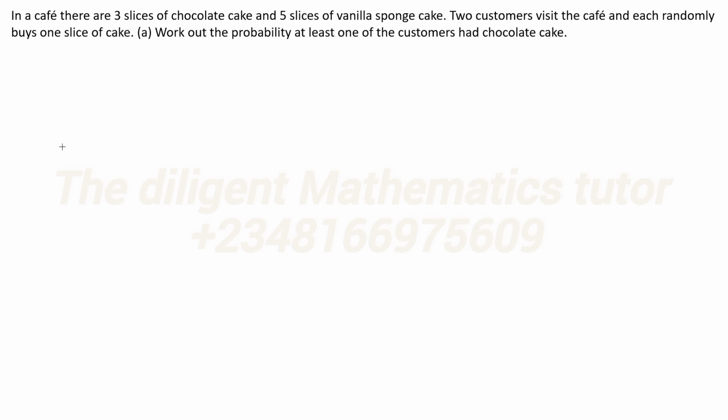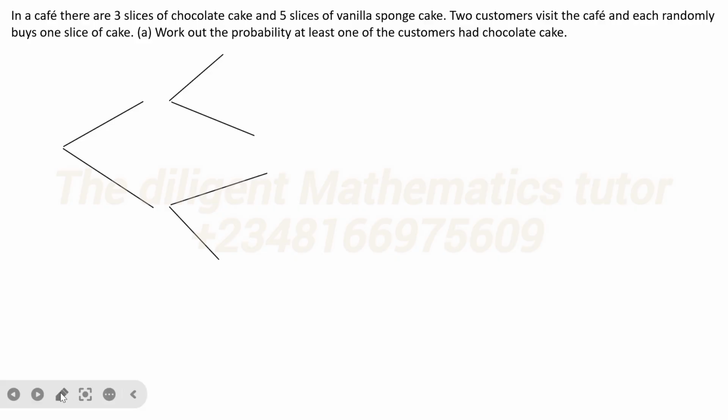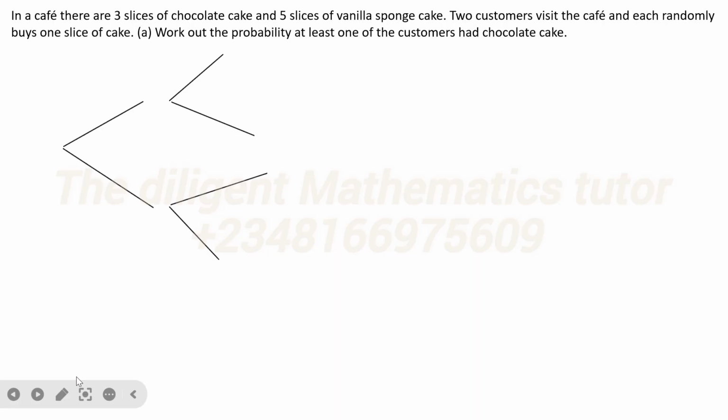So we have the first one. And the second one. We have the first one and the second one. So it's possible that the first customer took chocolate cake.